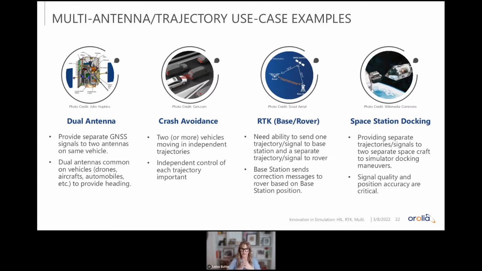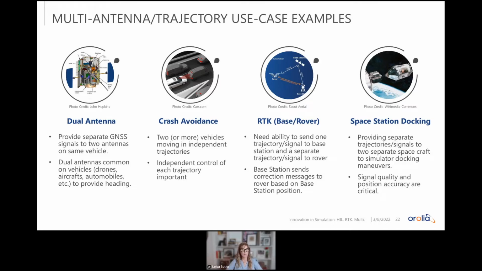That's another use case. Another one, which we'll be talking about at the end of this session, is RTK, where you have a base and a rover. So you have maybe a tractor that's moving and a base that's sending out correction data. Those are 2 different trajectories.